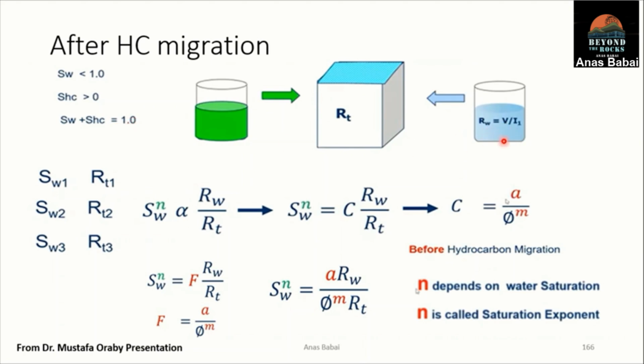For example, the first time he added 50% water, so the water saturation is 50%. In the second experiment, he washed the sample and injected both water and hydrocarbon again, but this time he injected 70% water, so that means he injected 30% hydrocarbon, and he measured RT, and so on.